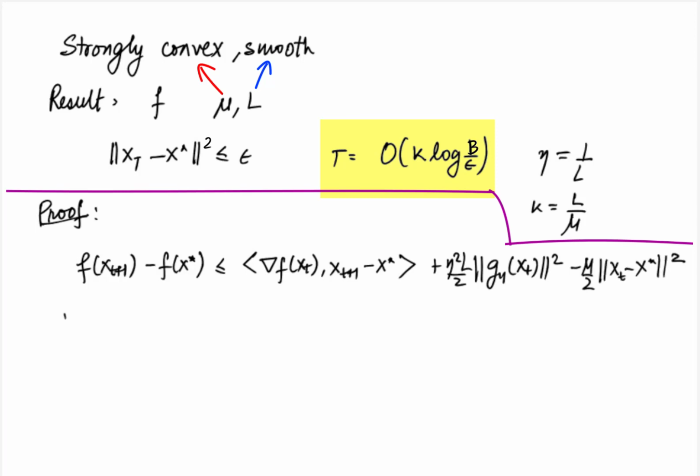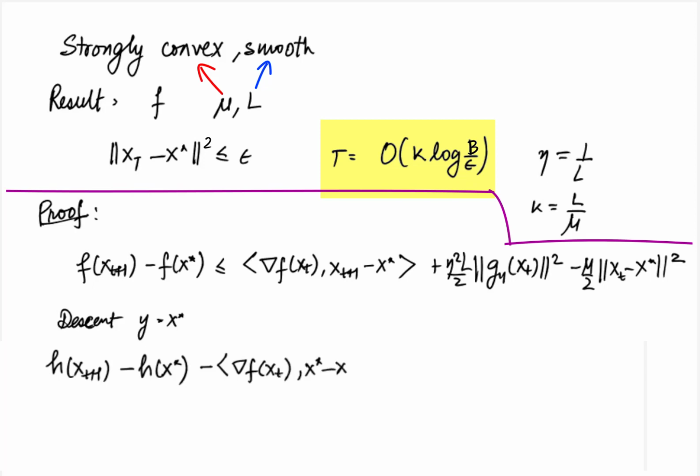Next, writing the descent property for y equal to x star and rearranging, we obtain that h of xt plus 1 minus h of x star minus inner product of gradient f of xt comma x star minus xt plus 1 is less than equal to inner product of g eta of xt comma xt minus x star minus eta times norm square of g eta of xt.